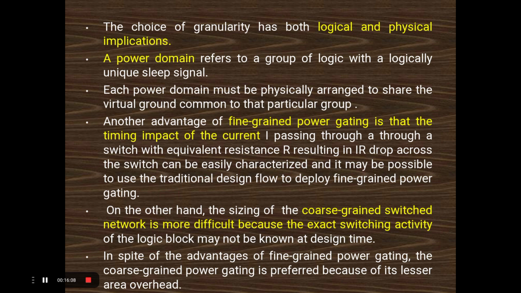That means if this current is passing through the corresponding circuit with some resistance, we can estimate the current, what kind of current is going to flow, and how we are going to reduce the leakage current. That kind of analysis is very easy in the case of fine grained. On the other hand, the coarse grained switching network is more difficult because the exact switching activity of the logic block may not be known at design time. So that is one more problem.